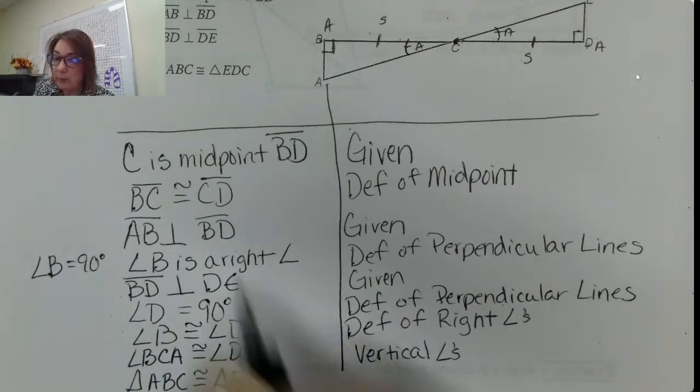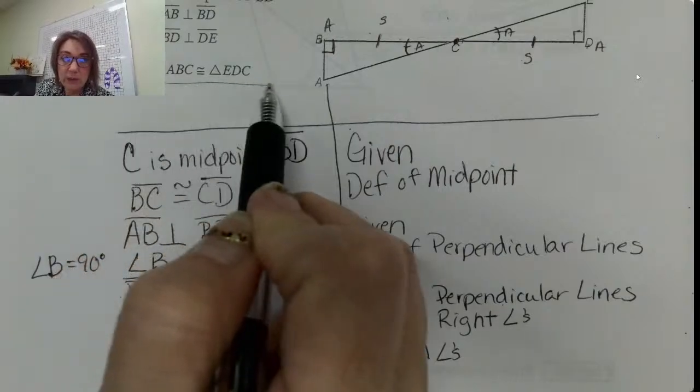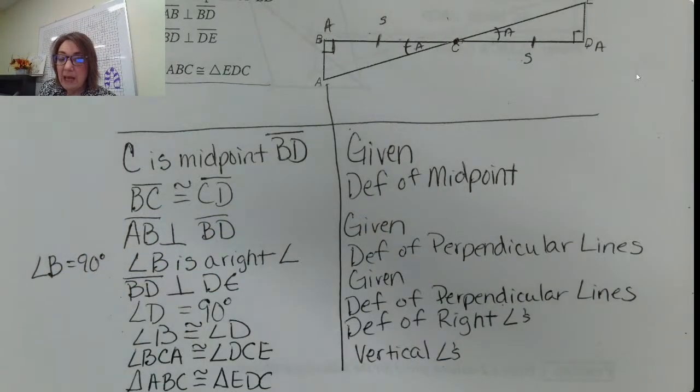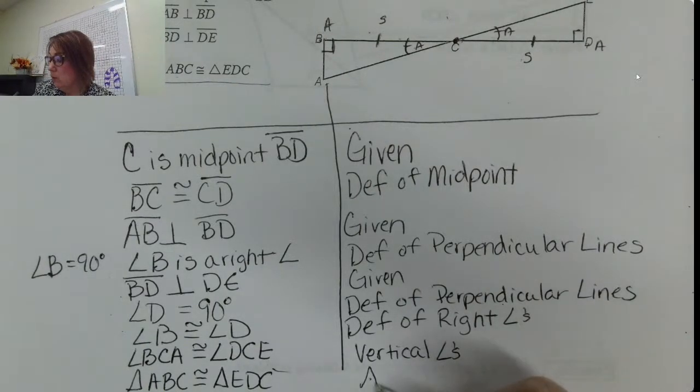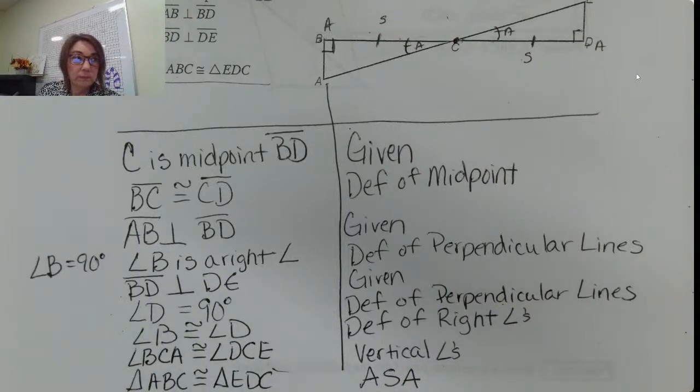Now I wrote it exactly the way they asked me to, right? And what is my reason for that? Which triangle congruence theorem am I using? Angle, side, angle. Does that make sense?